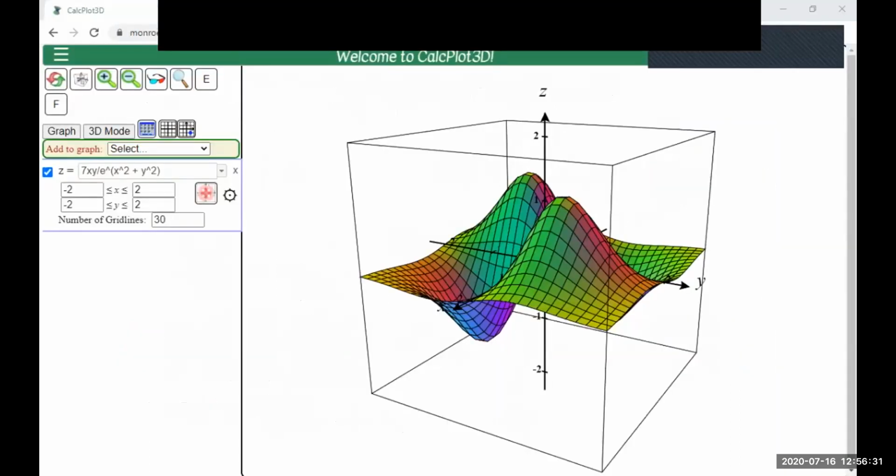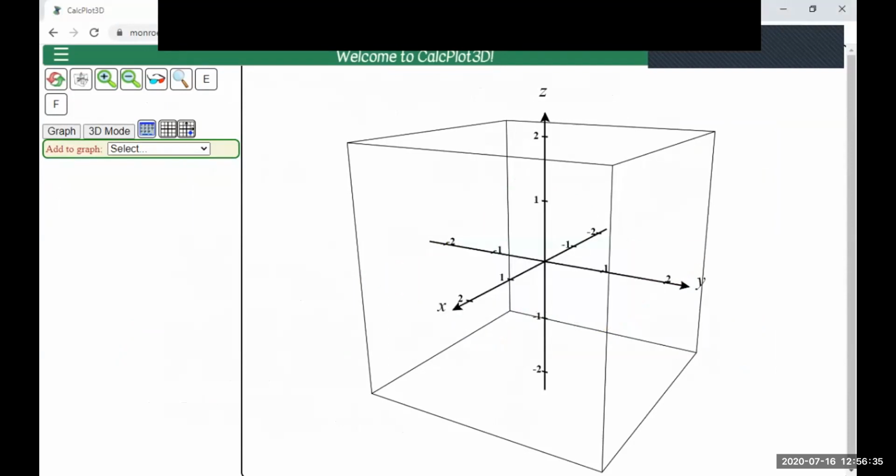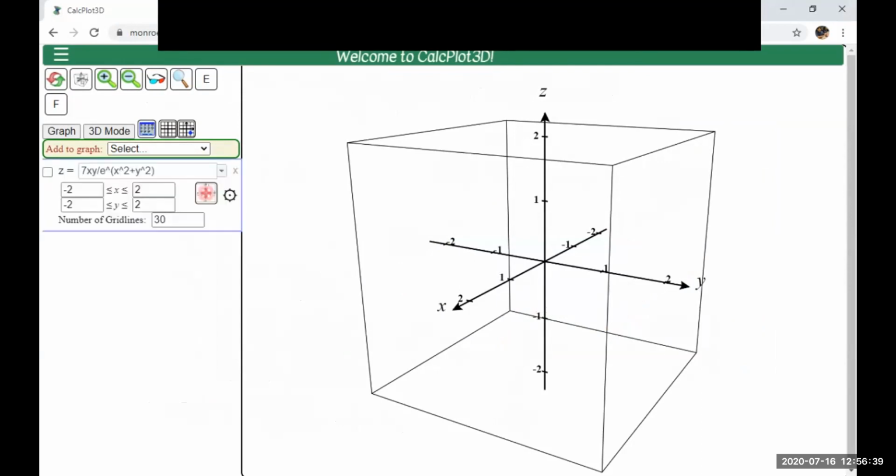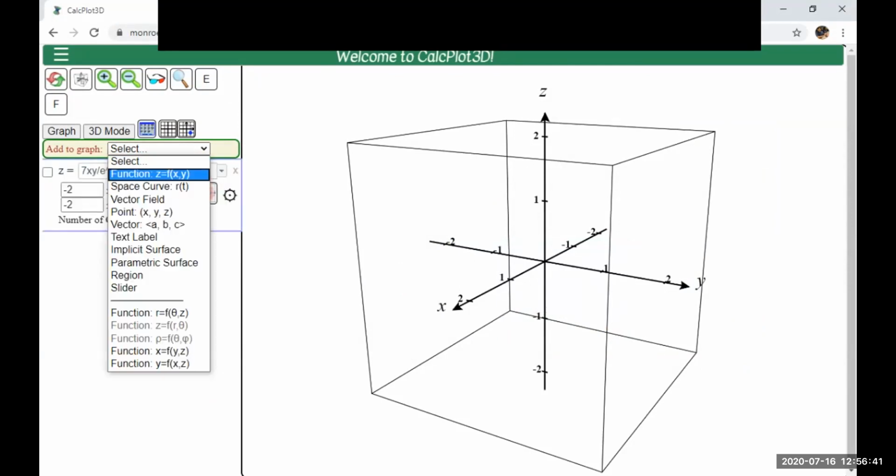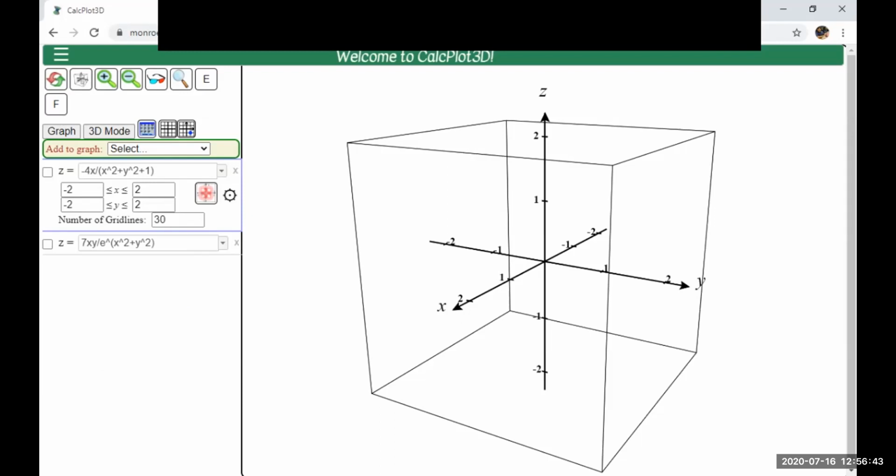So what is z here? We need 2 functions. And what was the equation?